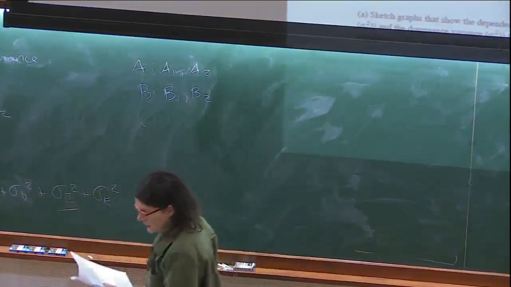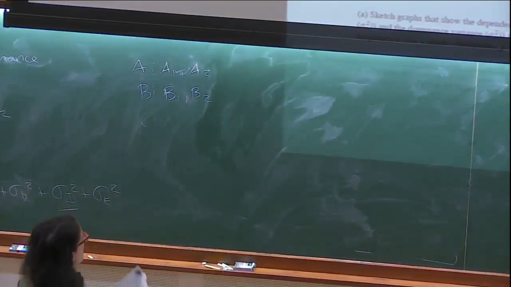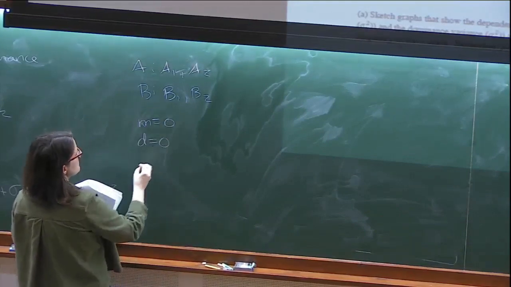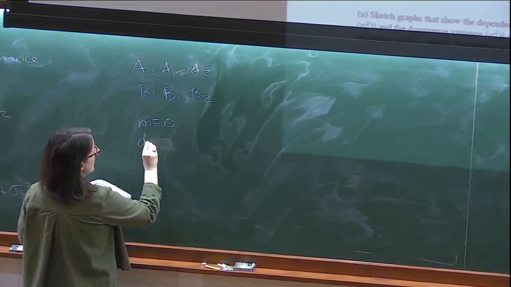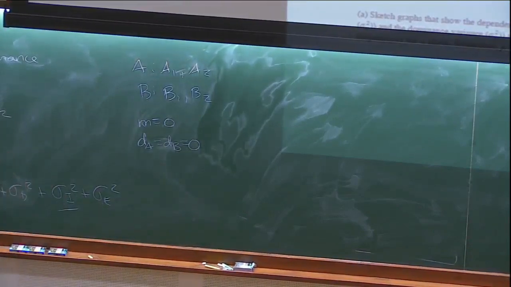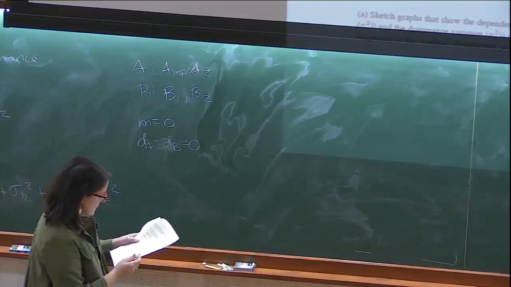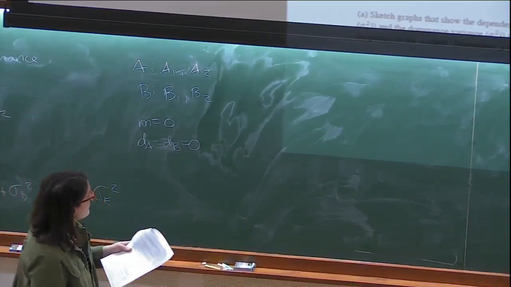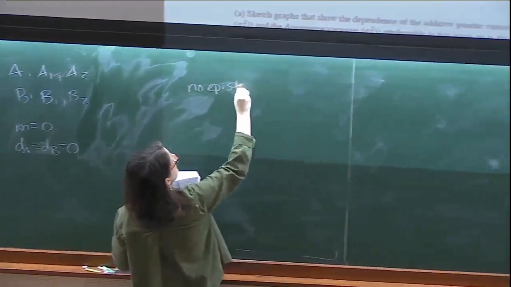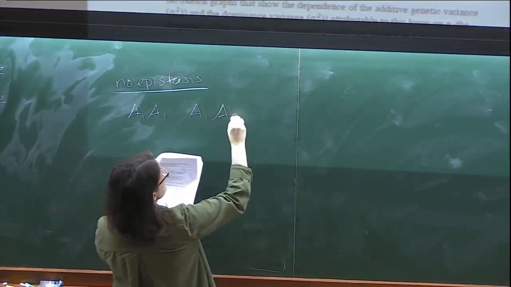I'm going to set my reference point to 0 and assume no dominance for both, so dA and dB are 0. So there's no dominance at either of the two. So if there's no epistasis, we can write out the mean phenotypes for all these possible combinations a few different ways. I'll do it this way.